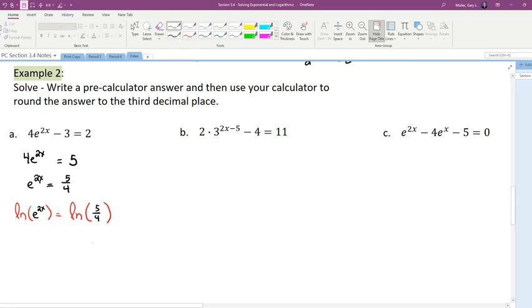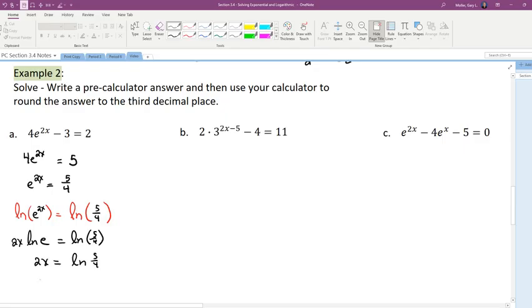Power rule comes down, right? So 2x is now down in front. And pretty soon I'll stop showing that step because I can visualize the 2x coming in front, and then the natural log of e cancels out, making it 1. And so that just gives me 2x equals.